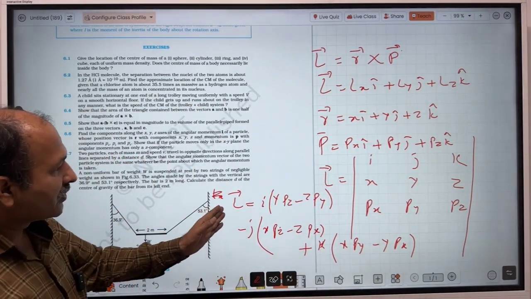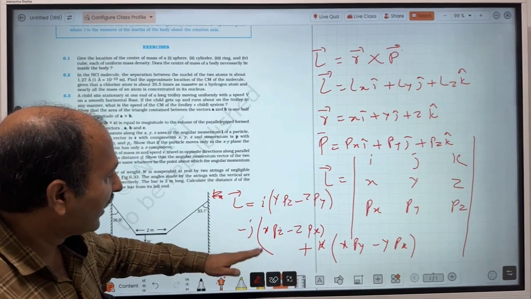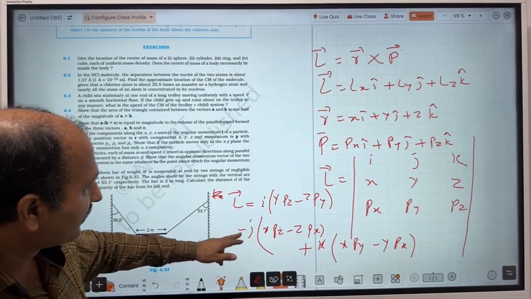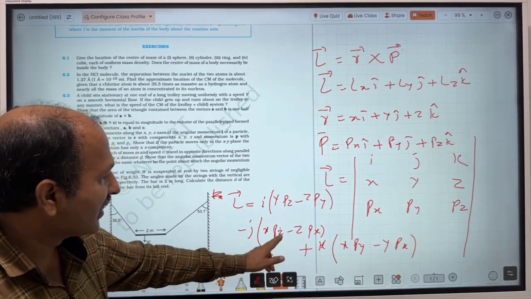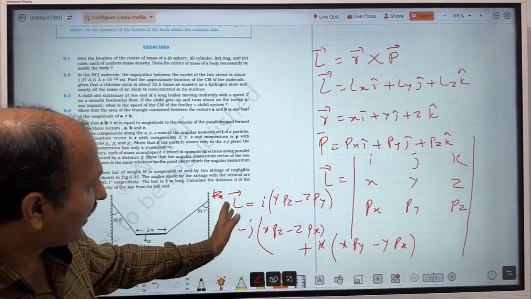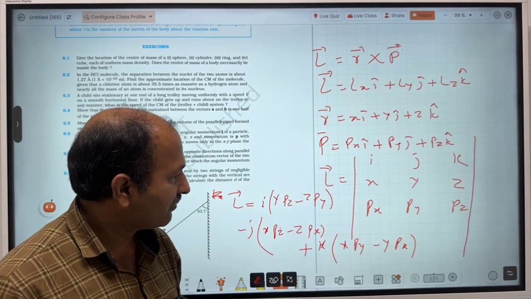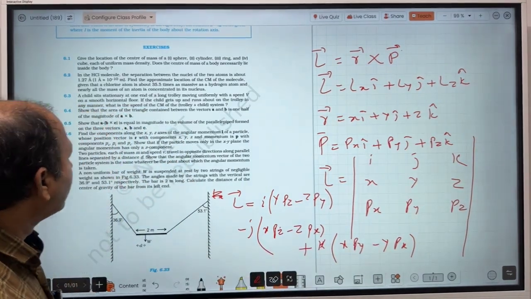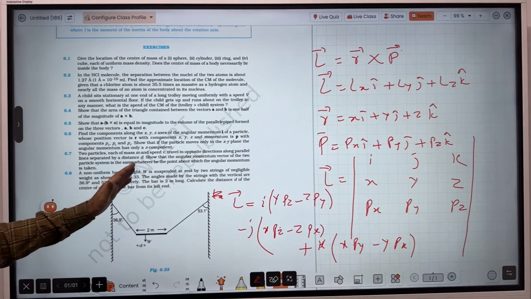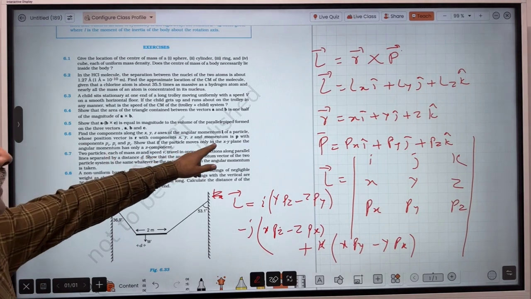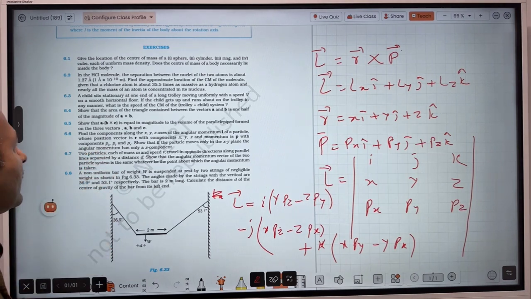If you write components, Lx will be this much, y pz minus z py. Ly, the coefficient of j, will be z px minus x pz because of this minus sign. And Lz will be x py minus y px. Now there is one condition, that if the particle moves only in the xy plane, then angular momentum has only a z component.